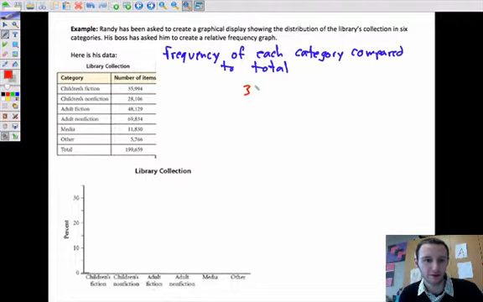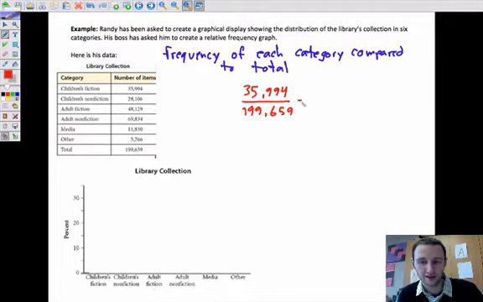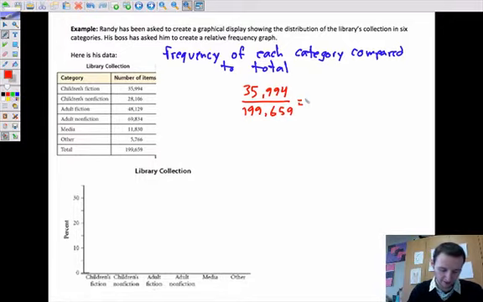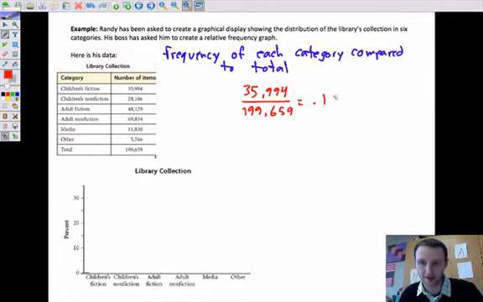So for children's fiction, 35,994 divided by the total 199,659. That as a decimal is about 0.18. We'll just round it to there. So as a percent then it's 18%.